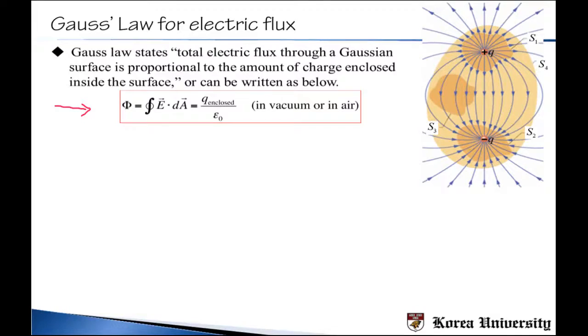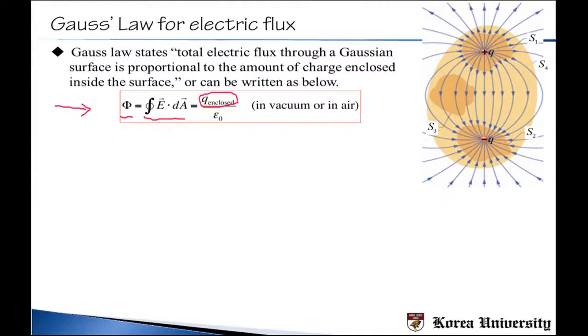Here, the first expression is, of course, the electric field flux. What we mean by this is the total integration of the electric field around the Gaussian surface. And Gauss' law says that this value is proportional to the charges enclosed inside.